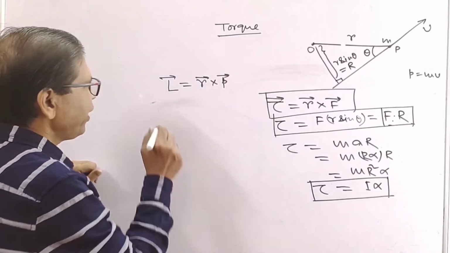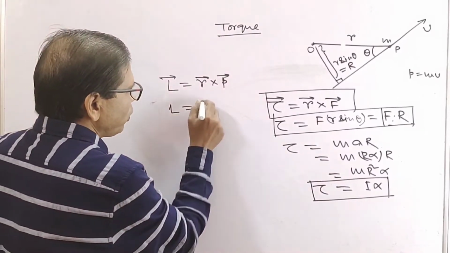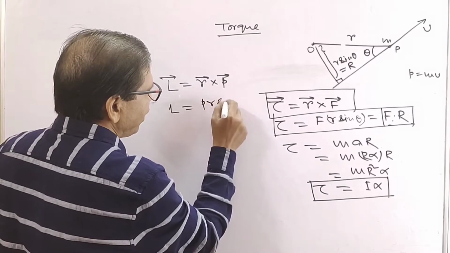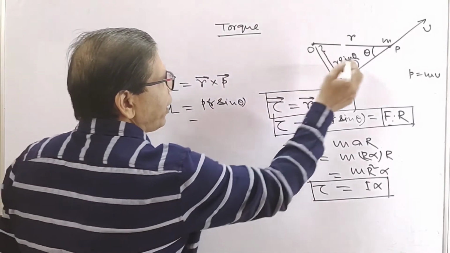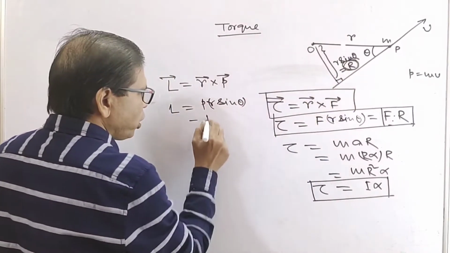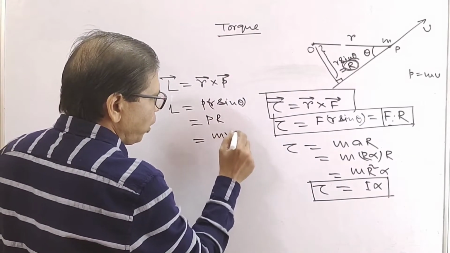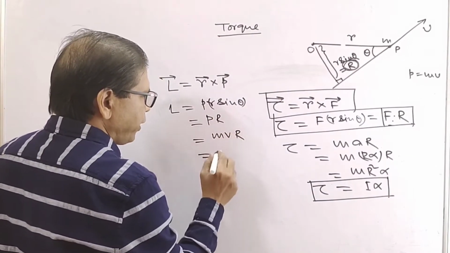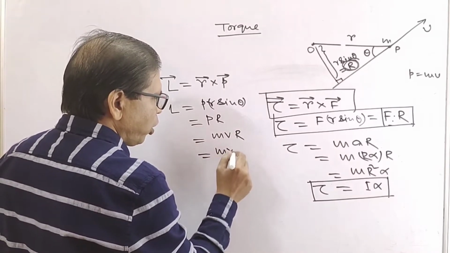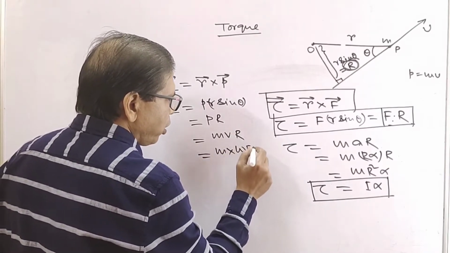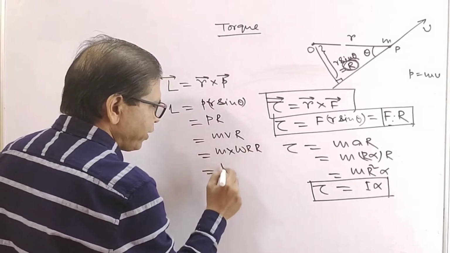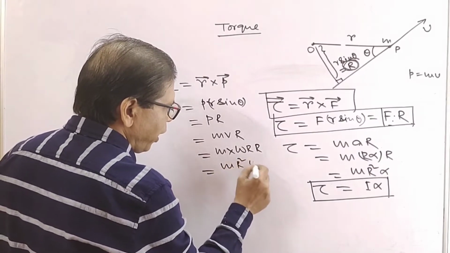Now look at this, here L equals p r sin theta. Now r sin theta is equal to capital R, so this is p into capital R. This is mass into velocity into R. Here m v, with v equal to omega into r, into r, so this is m r square omega.